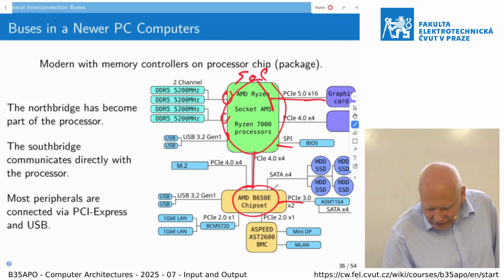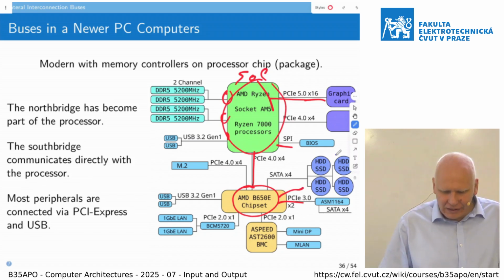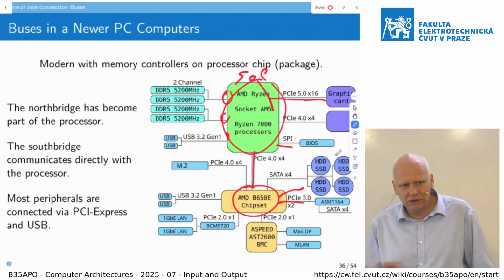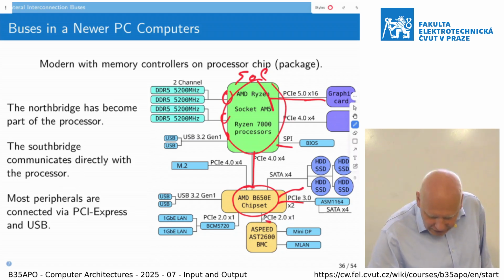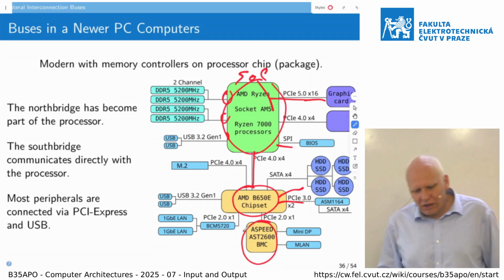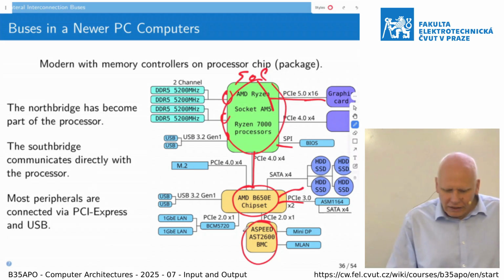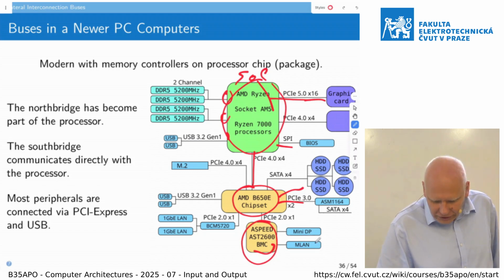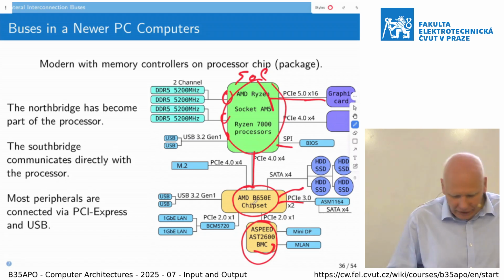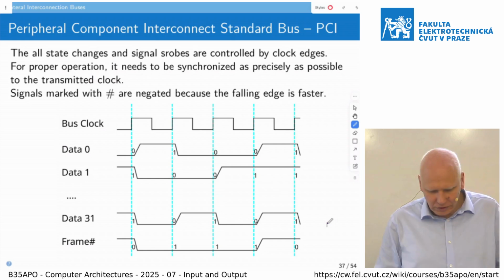Usually today hard disks are already connected to the PCI Express NVMe, the solid state disks. And you can have there even, for example, a board monitoring controller, a management chip which allows to monitor the server from the LAN. So these are the options of what can be there.